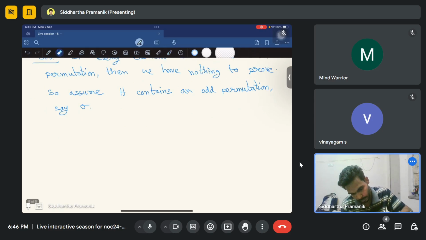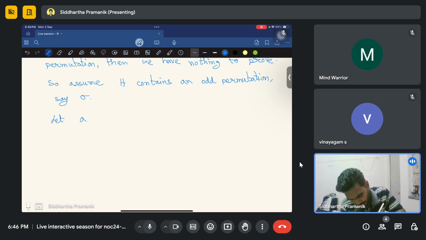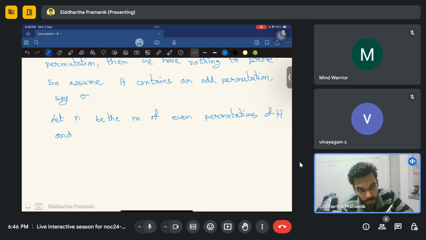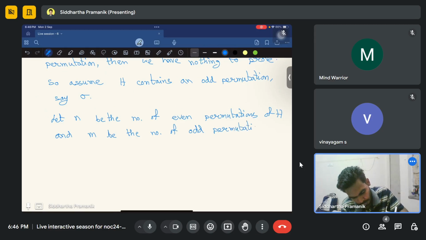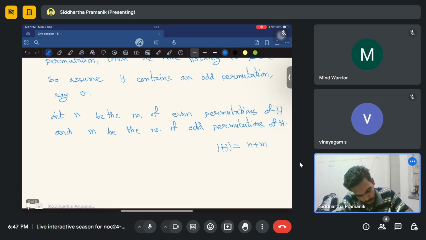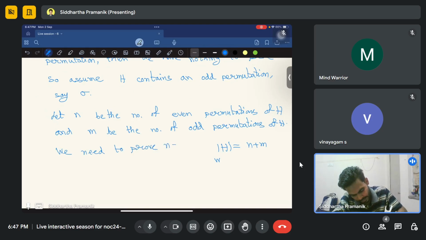So how to do that? Let N be the number of even permutations of H, and M be the number of odd permutations of H. So then the cardinality of H is basically N plus M. So we need to prove N is exactly equal to M, right?